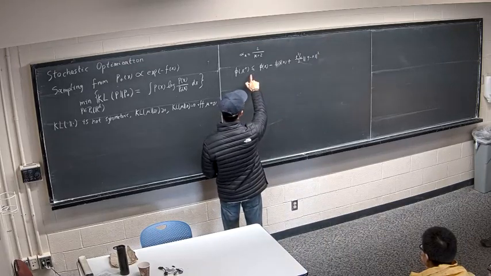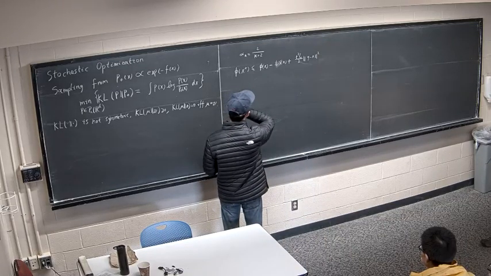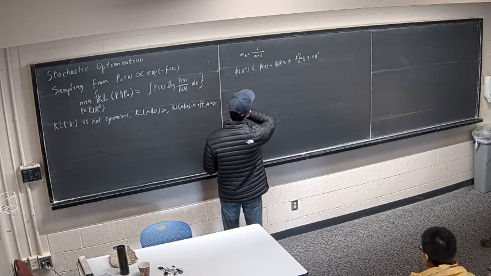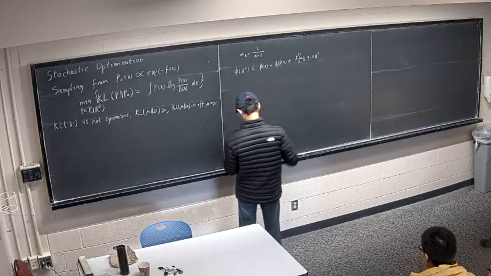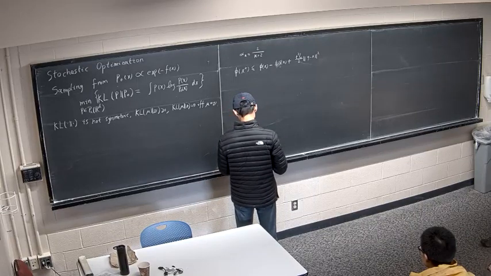This is for one iteration. We have this recursive formula. And the way we show convergence for the non-convex setting is to show this S(x_k) goes to 0.